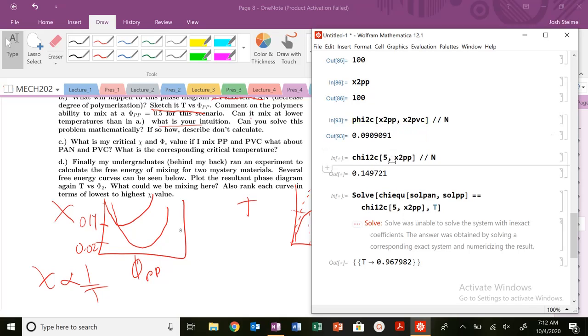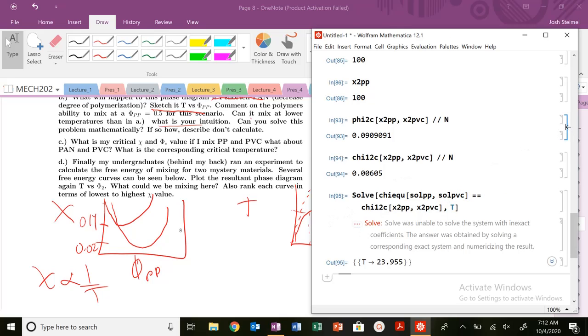So I want that. That's my critical. If I want my critical chi, x2 PP, x2 PVC, right here. And then I could just plug in my x2 PP, x2 PVC, my solubility PP, my solubility PVC. There it is, right there.